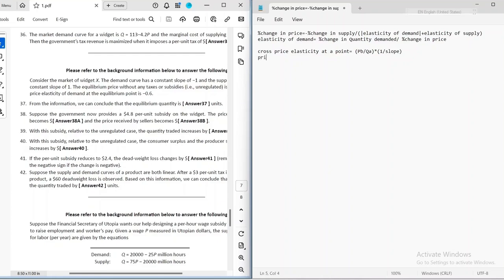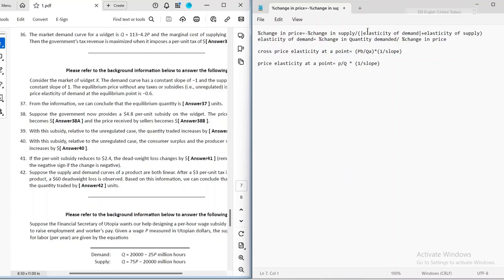So price elasticity at a point is simply P divided by Q times 1 over slope.